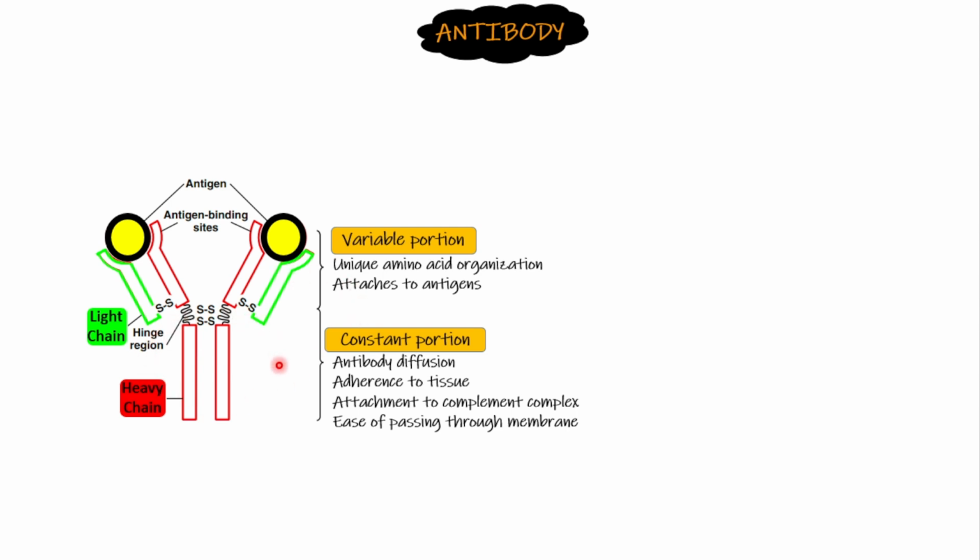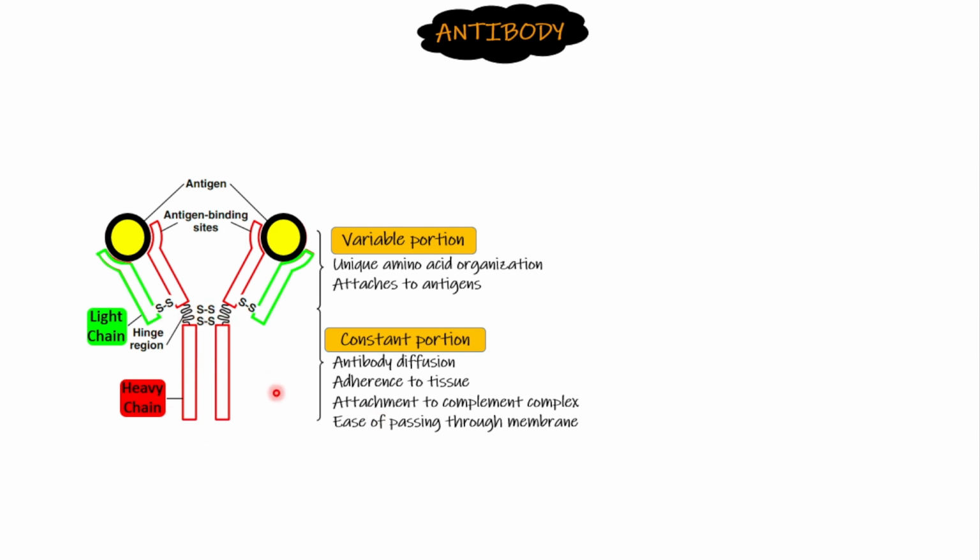Then we have this lower one, the constant portion. What is the significance of this constant portion? It provides attachment sites. Through this constant portion, the antibody adheres to tissue and can attach to complement complexes.